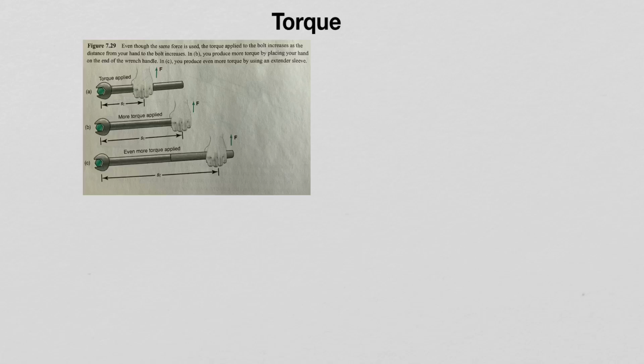And so when there is a limitation on the force that can be applied to produce torque, the solution to increasing the torque would be to increase the torque arm.